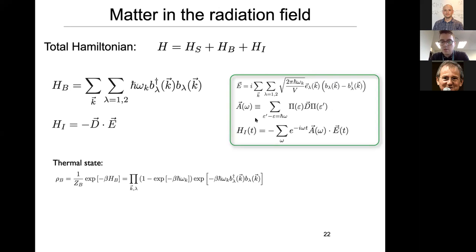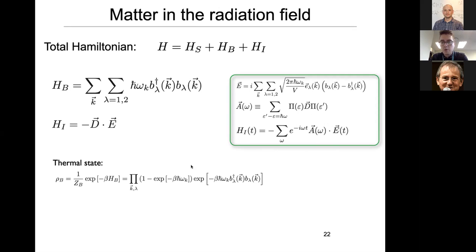What we can then show is that when we make the transformation to the interaction picture, after decomposing the dipole operator into its eigenoperators, we can write the interaction Hamiltonian in the following way. This gives us the starting point to write down the Markovian master equation for this example.